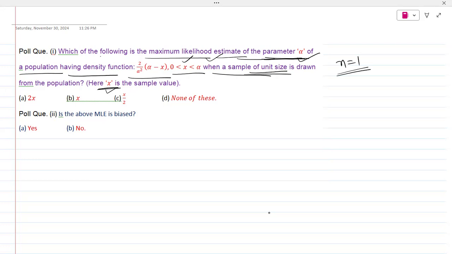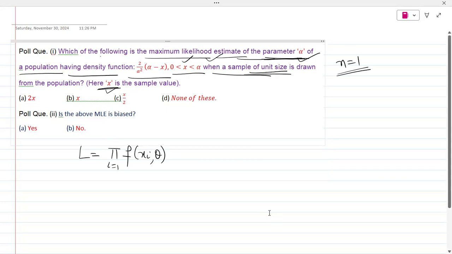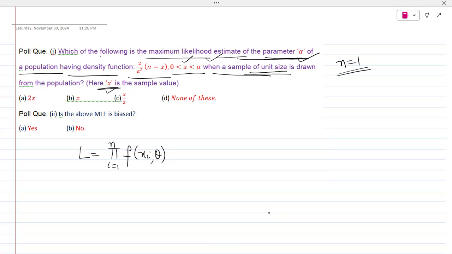Okay. So now L, what is L? It is once again the product of f(xi, theta) for i from 1 to n. And what is this n? It is 1.